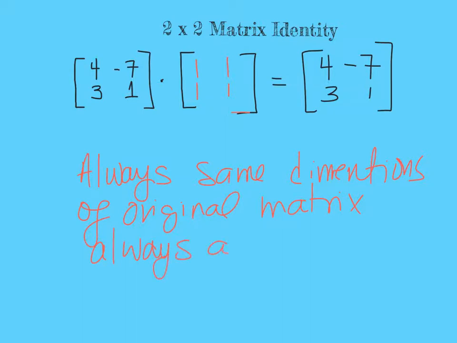What do we mean by a perfect square? Meaning a 2 by 2, a 3 by 3, a 4 by 4, a 5 by 5. Okay, this is always going to happen when you are trying to find a matrix identity.